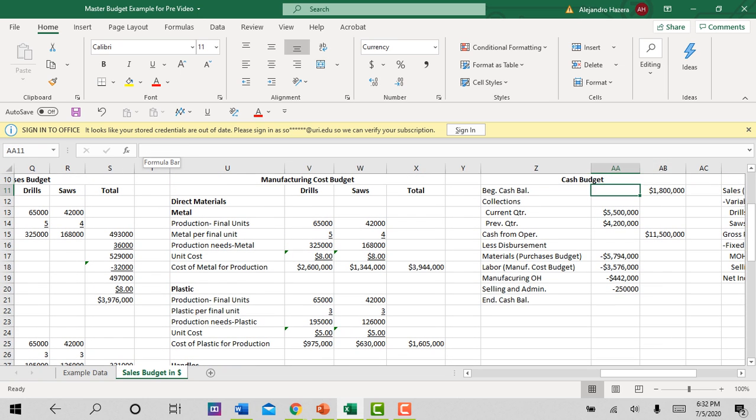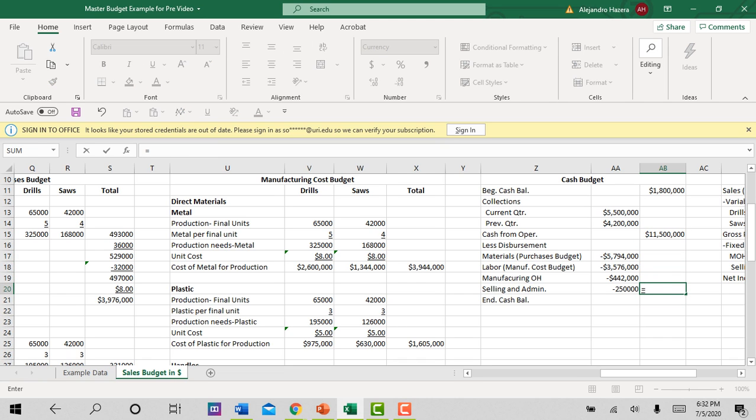Okay, so we started with the beginning cash balance of 1.8 million. Based on the current quarter's collections and the previous quarter collections, we collected 11,500,000. Our total cash disbursements are going to be equal to the sum of all these negative numbers here, which are for cash disbursements.